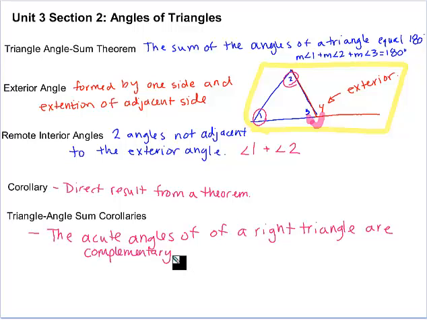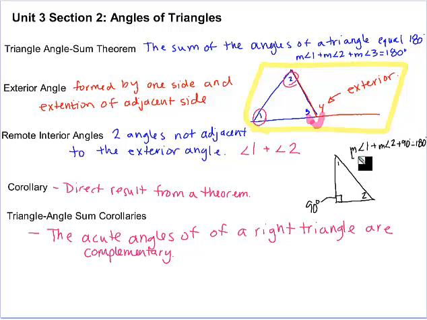Well, let's think about that one for just a second here. So if we have a right triangle, that means one of our angles is 90 degrees. If all three angles have to add up to 180, here we have two angles left. Angle 1 plus angle 2 plus our 90 degrees should equal 180.